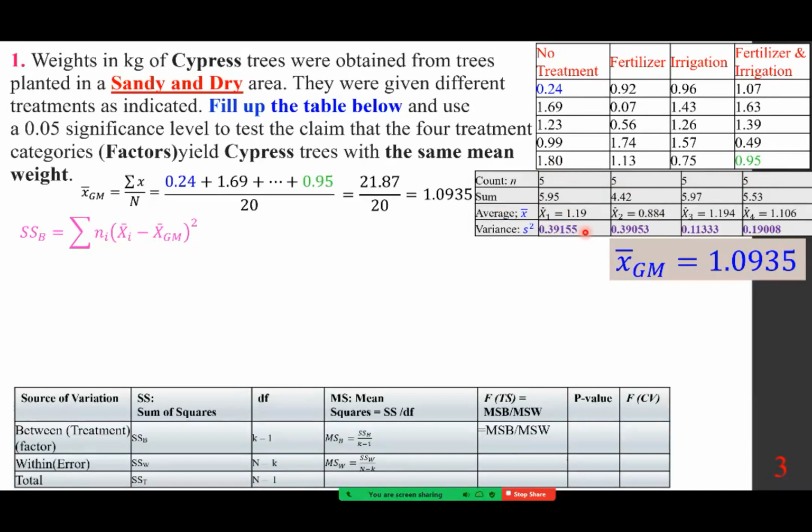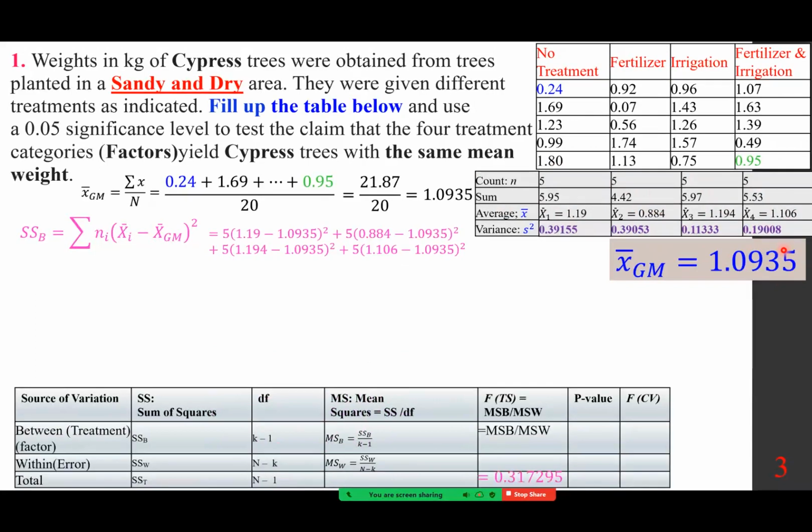So 5 times the difference between the two, squared. And for this one, 5 times the difference between x2 bar and the grand mean, squared, plus 5 times this one and this one, the difference between these two squared, and 5 times the difference between these two squared. So that's the meaning of that. And we end up with this number.